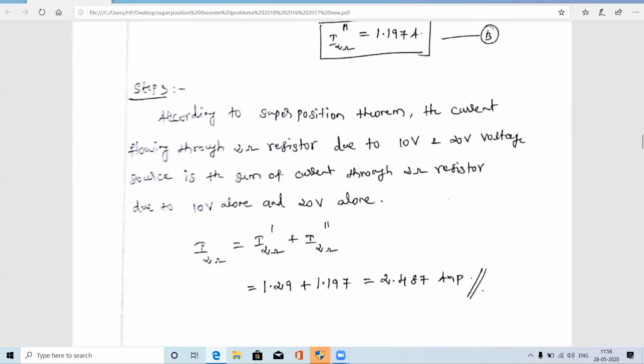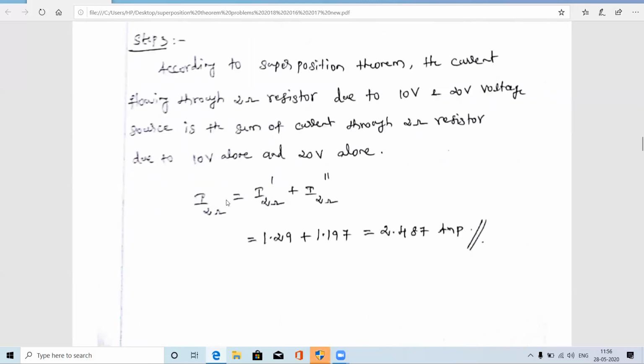Then the last step, step number 3. According to the superposition theorem, the total current flowing through the 2 ohm resistor due to the 10 volt and 20 volt voltage sources is the sum of the current through the 2 ohm resistor due to 10 volt alone and 20 volt alone.